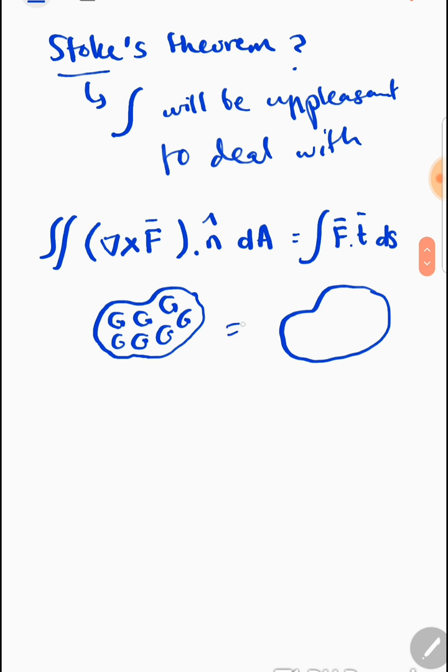So what it's saying is that the curl of f with the dot product of n cap dA is exactly the same as this one here.